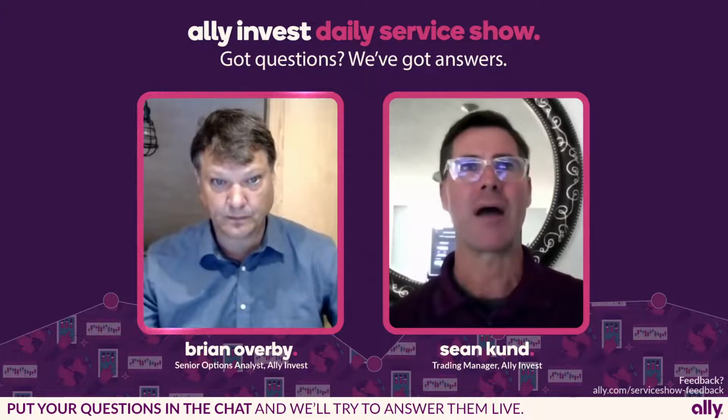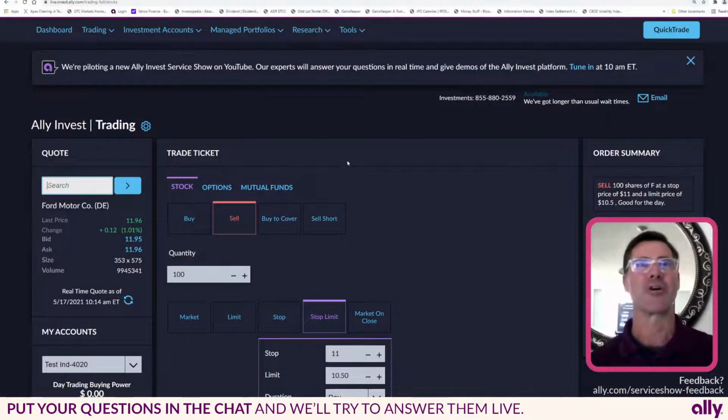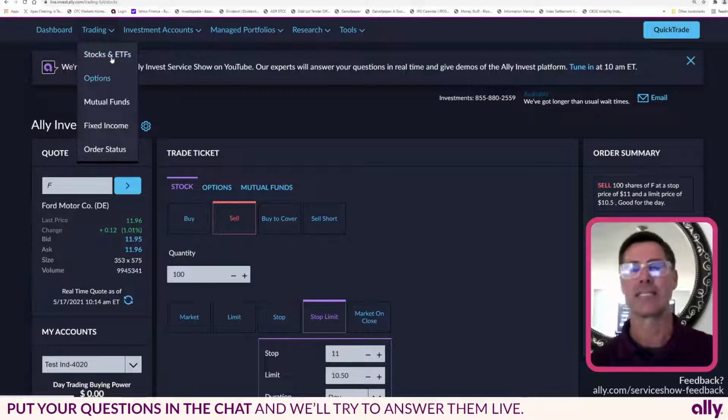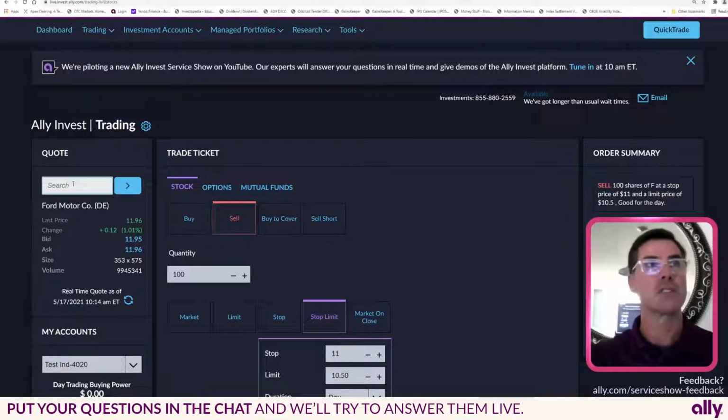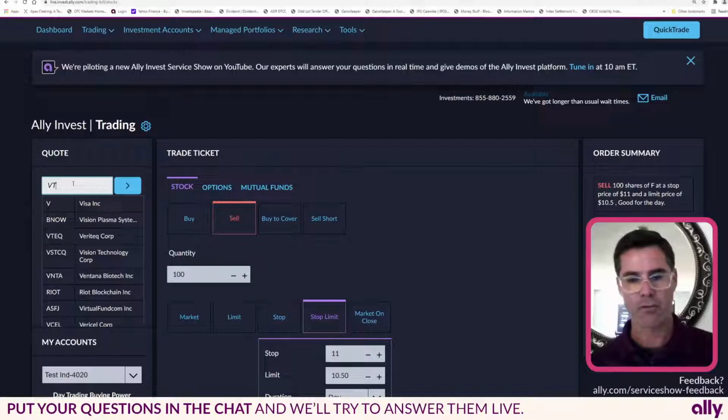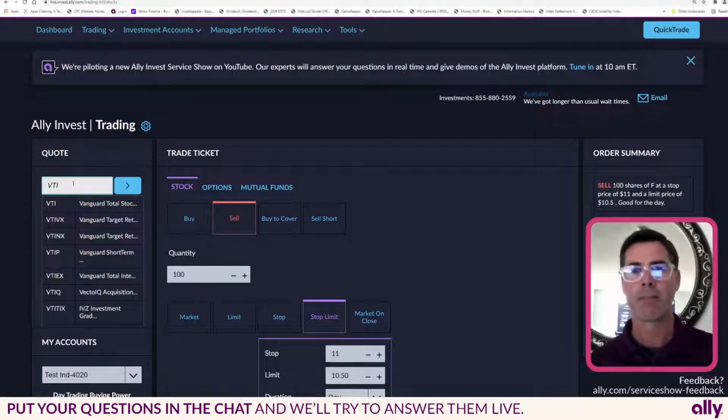Okay. So I want to clear up for our questioner, VTI is actually an ETF. So when you go to the trading page, that'll be in the same place where we were for Ford. So you'll go to stocks and ETFs. And it sounds like the questioner already knew the symbol, which is great. You'll notice if you type in VTI, it's the very first. You also want to verify, make sure you know what you're buying, but I happen to know this symbol.